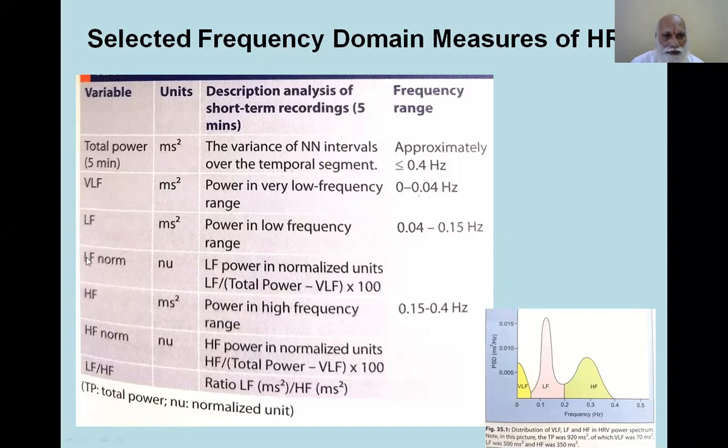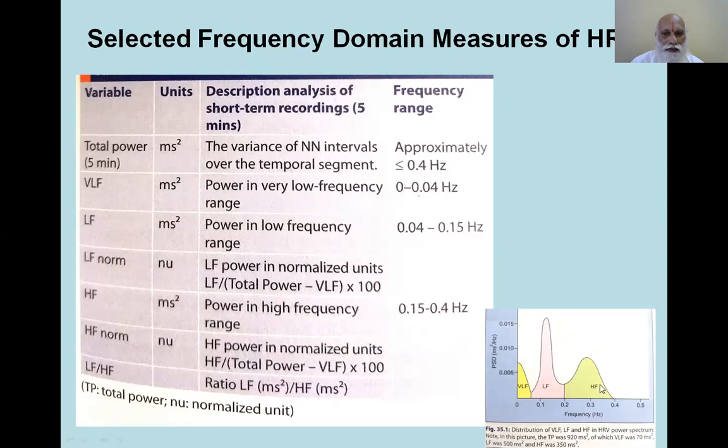Now below this LF you have another index, LF norm, represented by the unit NU, normalized unit. What is this normalizing? LF power in normalized units is obtained by the low frequency that you have measured, divided by total power minus very low frequency.